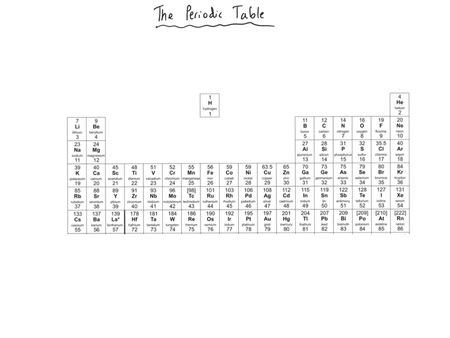The periodic table contains all the known elements, which is about 100 of them. Now the table is organised in order of increasing atomic number, which is this lower number here, and you can see that hydrogen has got an atomic number of 1.